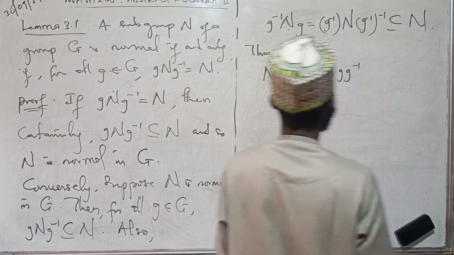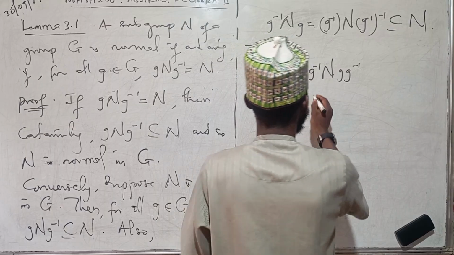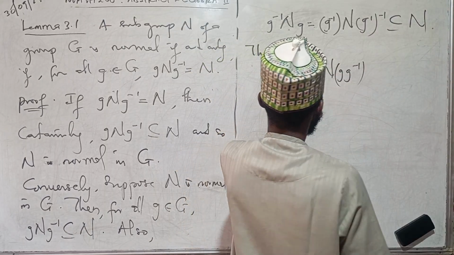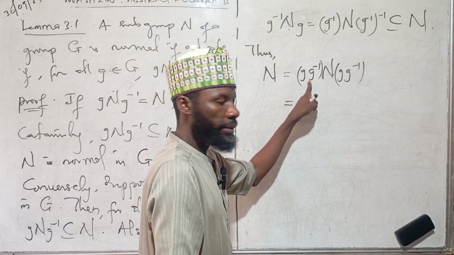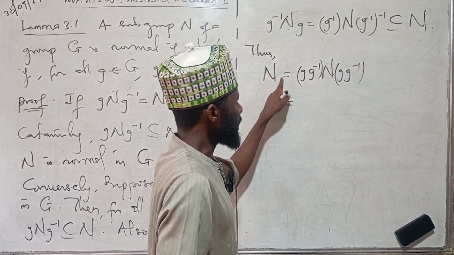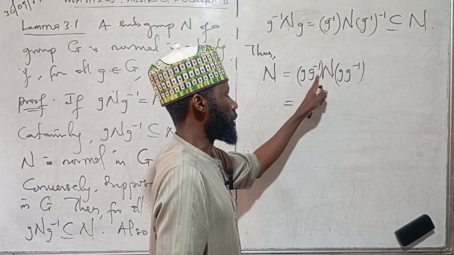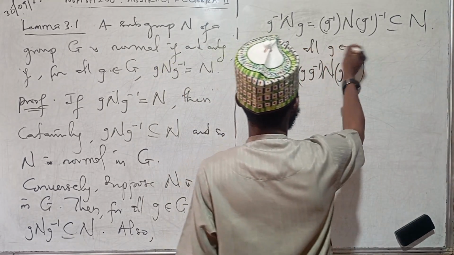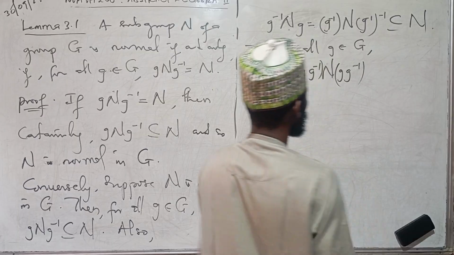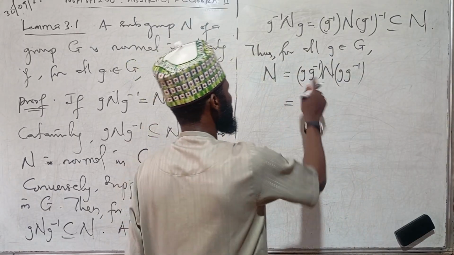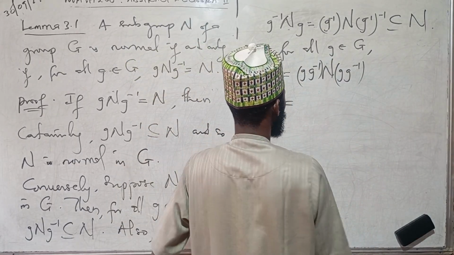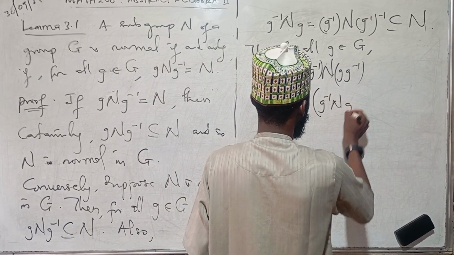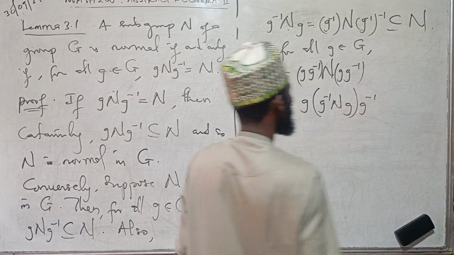Here I'm writing the identity, because n is n times the identity, but the identity I can write as g inverse g. So this is happening for all g in G. By associativity in the group, I can write it like g (g inverse n g) g inverse.